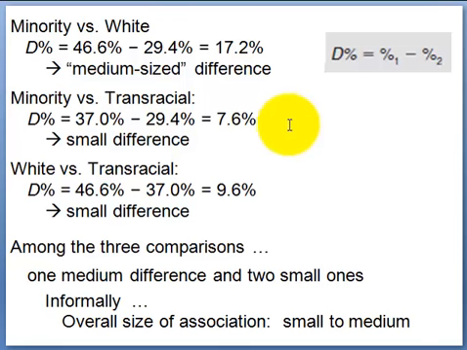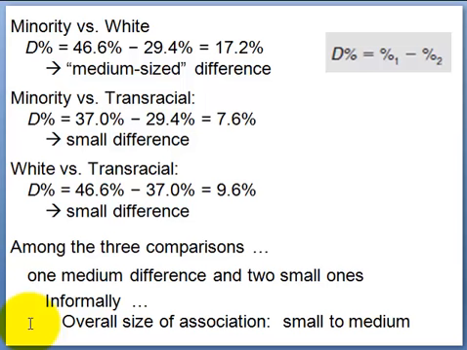And so these two comparisons here are both close to that small size of association. So if we sum things together, we've got one medium-sized difference and two small ones, so overall the size of association, we might say, is somewhere in the area of small to medium.